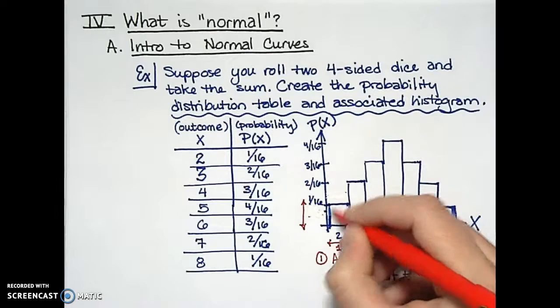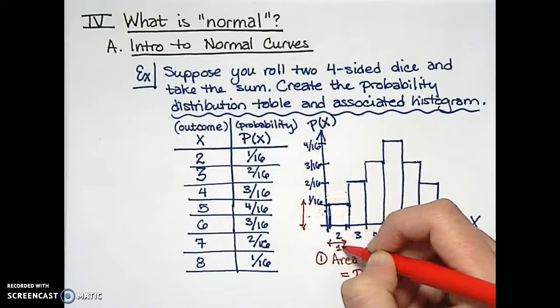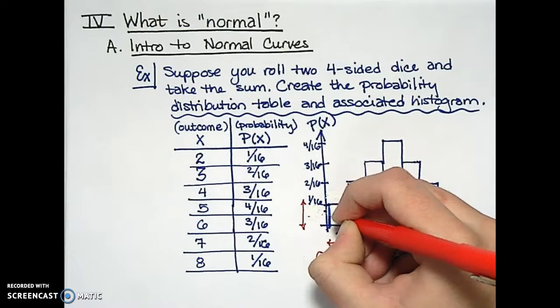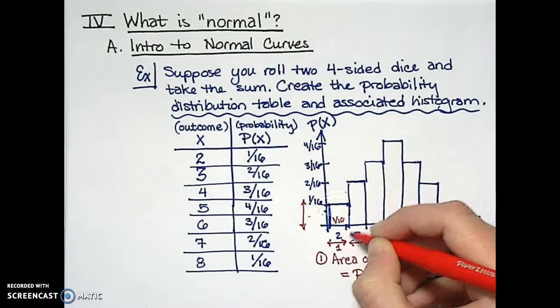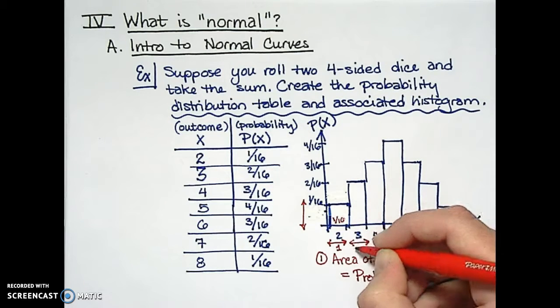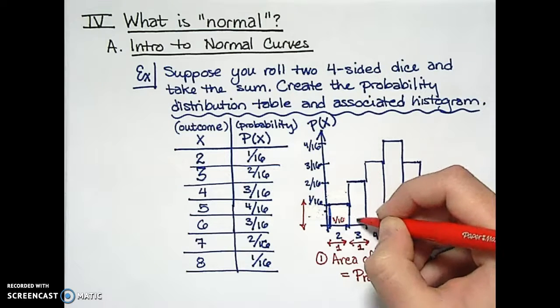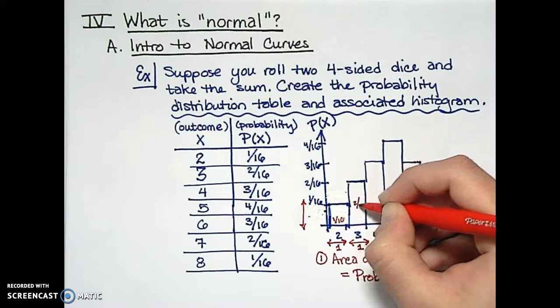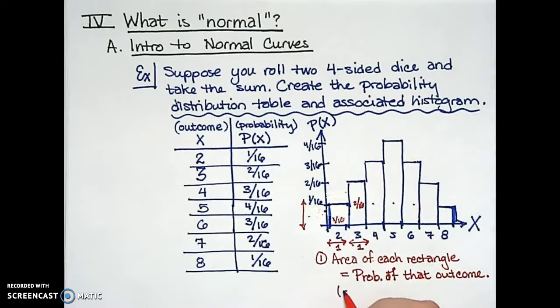And so the area of this first rectangle is going to be base times height, or 1 times 1/16, and so it has an area of 1/16. The area of the rectangle associated with 3 is equal to the base times the height, or 1 times 2/16, and has an area of 2/16, and so on and so forth. So again, the key first idea is that area is equal to probability.